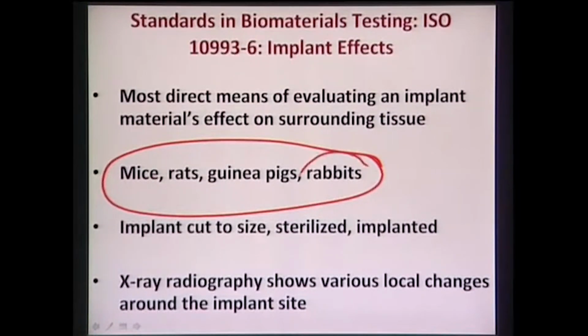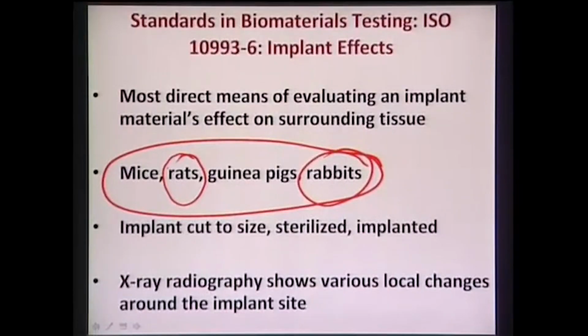As I said, the rabbit model is typically used for materials like ceramic based materials or biopolymer based ceramic composites. However, if the material is entirely polymer based, where the mechanical properties are much inferior compared to ceramic based materials, in that case smaller animal models like rats or mice also can be used.